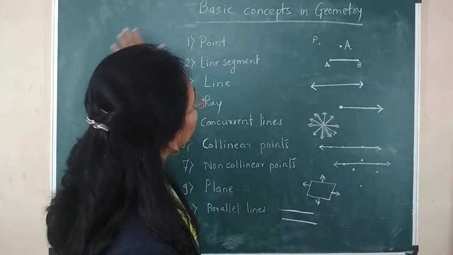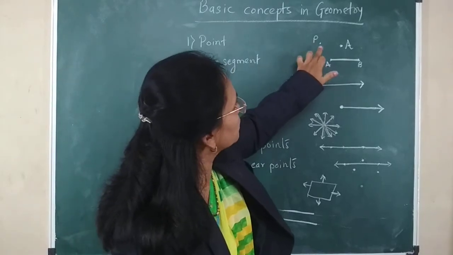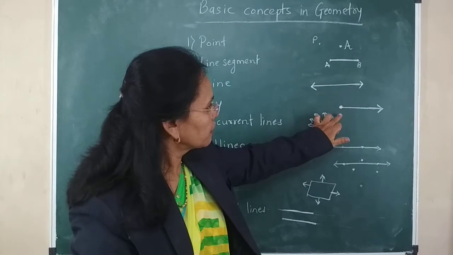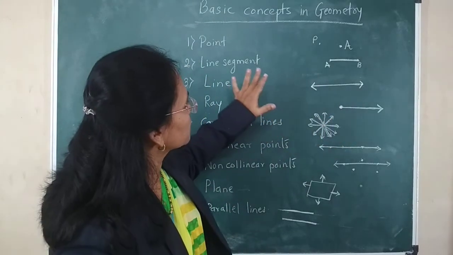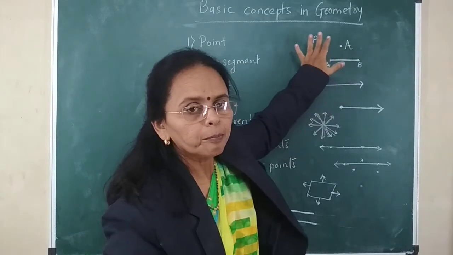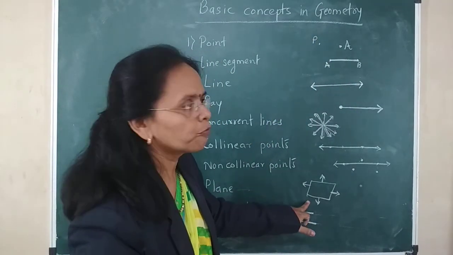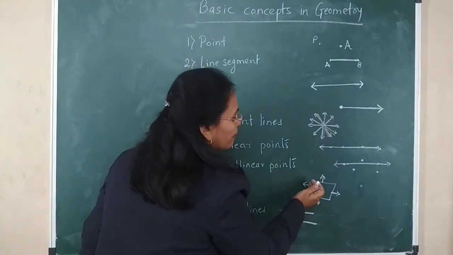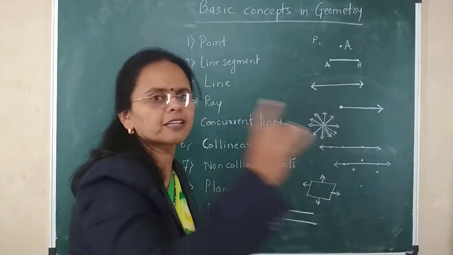I need a plane so that I can put that point, that line segment, that ray on that plane. That's why the plane is the thing on which any figure can be drawn. This plane can be extended to all four sides to any extent.